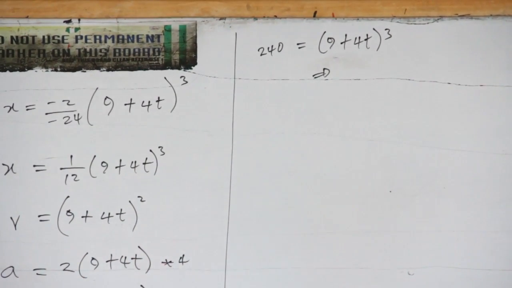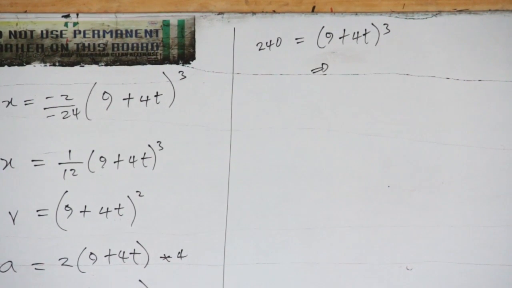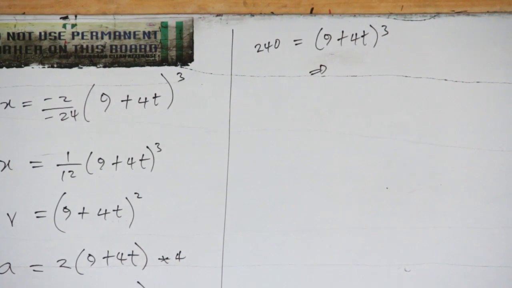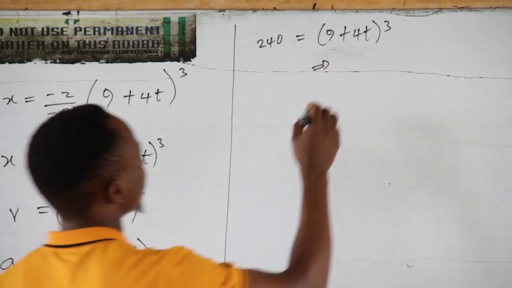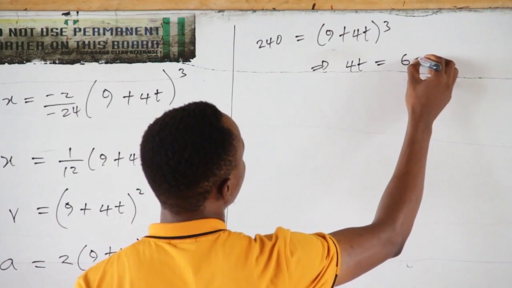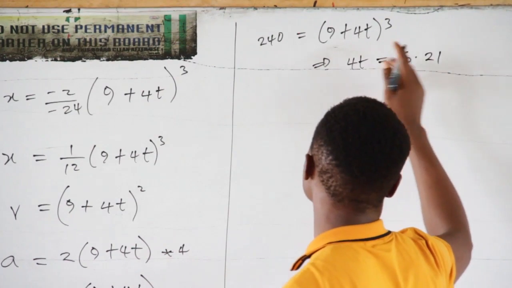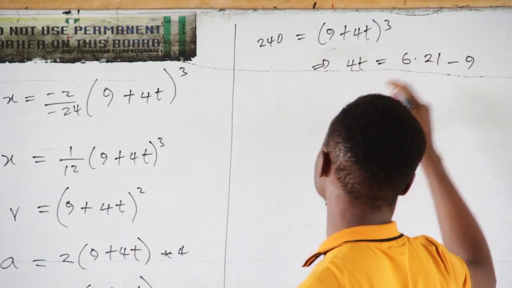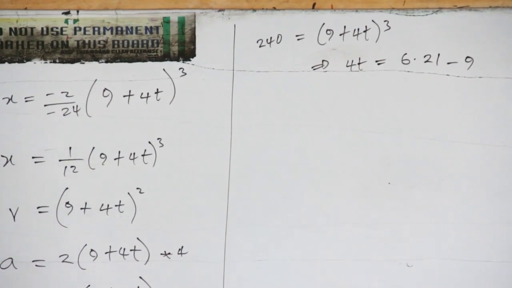You have to break it back to normal form, because we expanded it. You have to take it back. So I'm going to have 40 equal to 6 point something, divided by 2, minus 9. It cannot be negative.